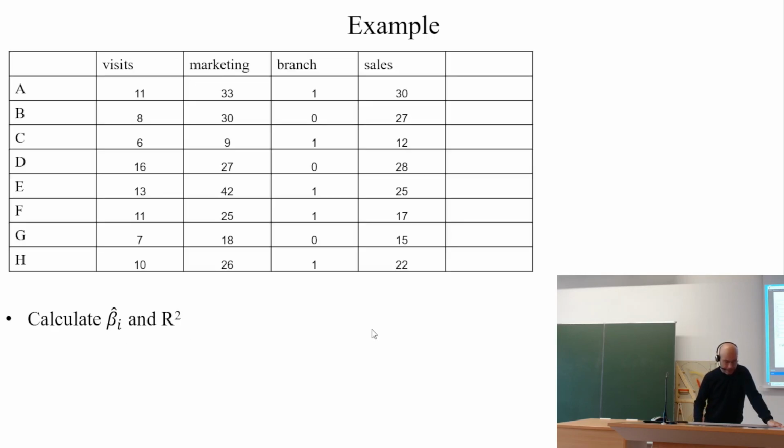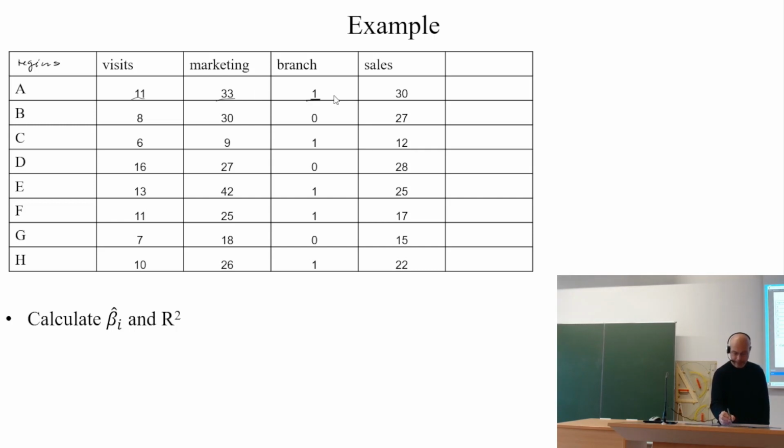Yeah, and now please also open an Excel file, because now we want to start with our data. And now we can, so to speak, interpret this. A, B, C, D, E, F, G, H. These are our regions. And then in region A, we had 11 visits. We had a marketing budget of, I don't know, 33,000 euros.